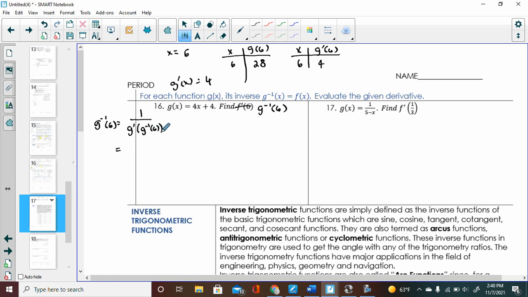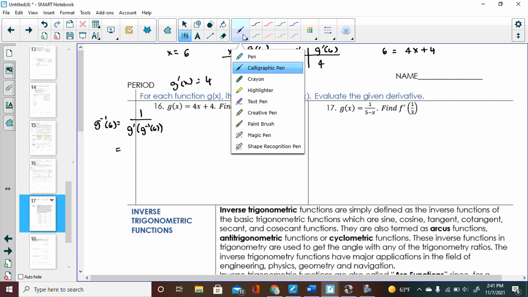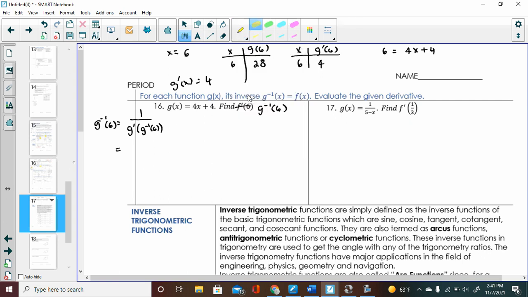Okay. Now, how do I get this value? So remember, we just switch the x's and y's. We take that same equation and we solve for x to get this value. I'm getting this value by plugging in 6 for the y value here.